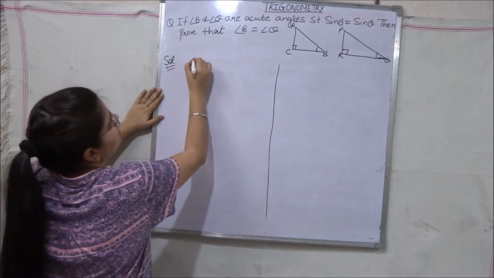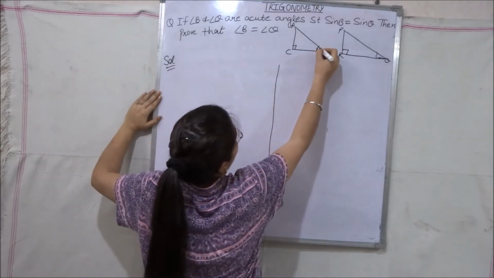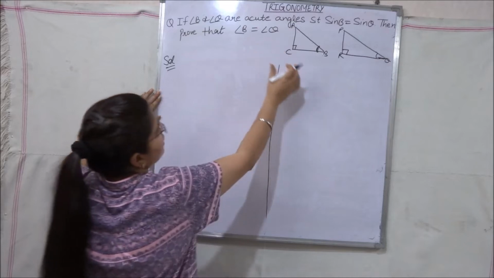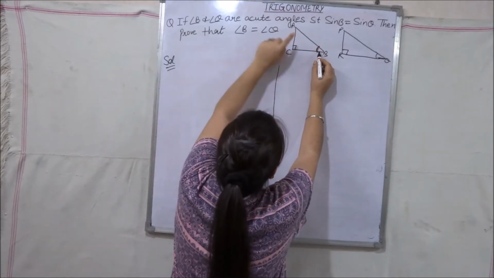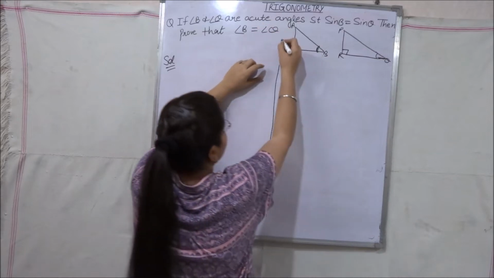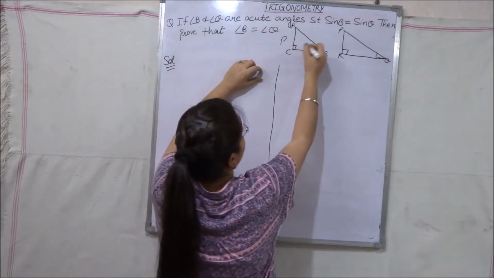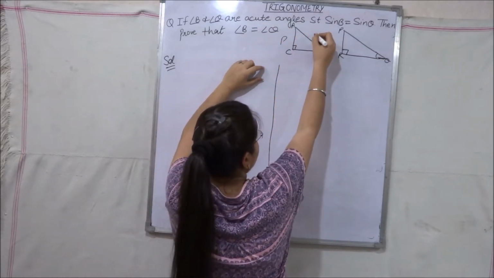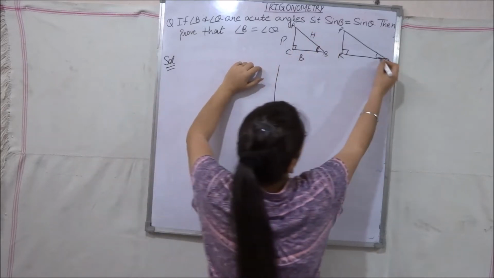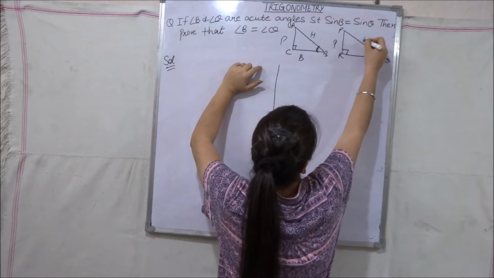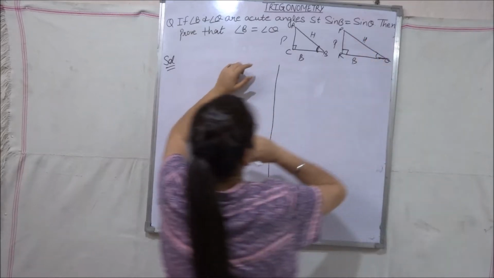Now since we are finding sin B, the side opposite to angle B will be referred to as perpendicular, the side opposite to angle C is referred to as hypotenuse, and this will be our base. In a similar way, this is the perpendicular, this is hypotenuse and this is base.